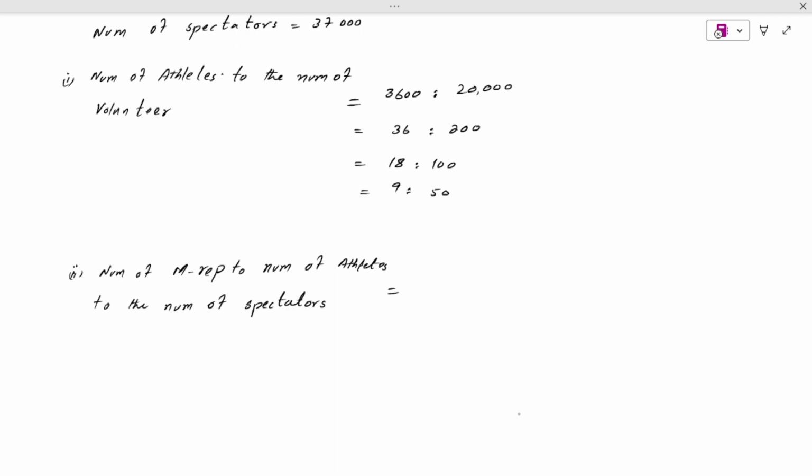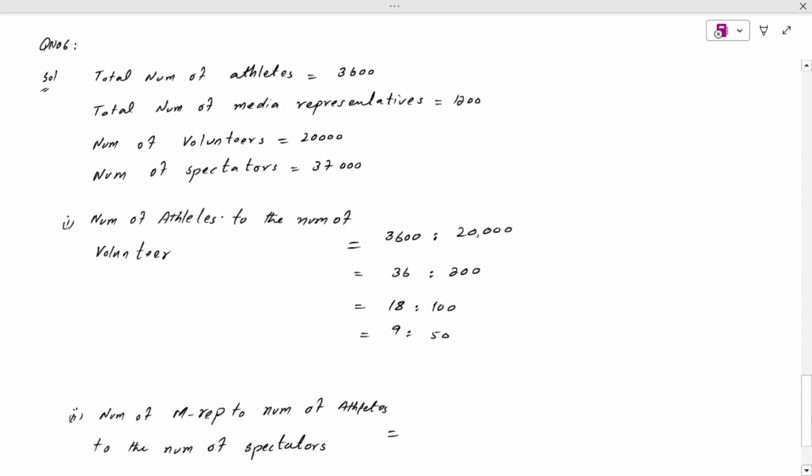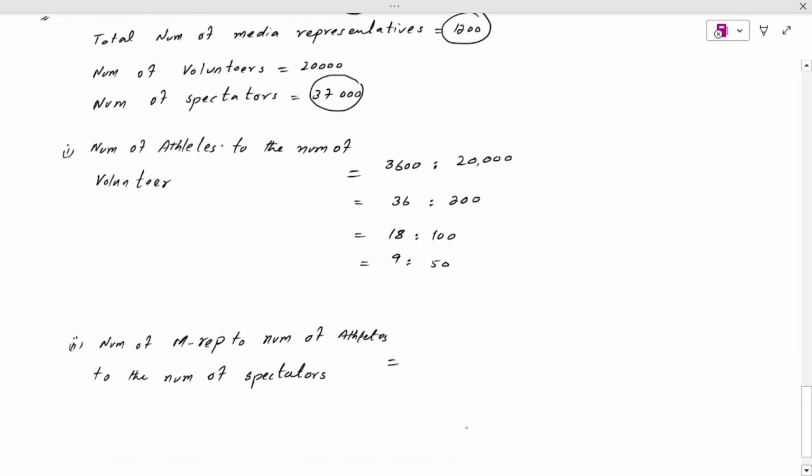The number of media representatives is 1200, number of athletes is 3600, and the spectators are 370,000. So let us write these three terms in the given ratio. 1200 are the media representatives ratio, 3600 are the athletes ratio, 370,000 are the spectators.